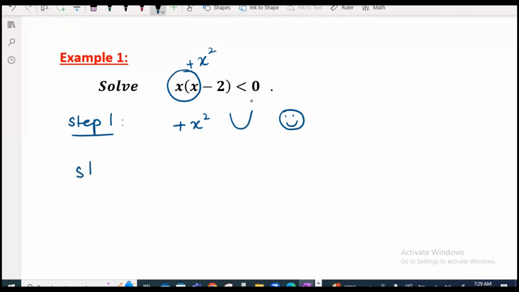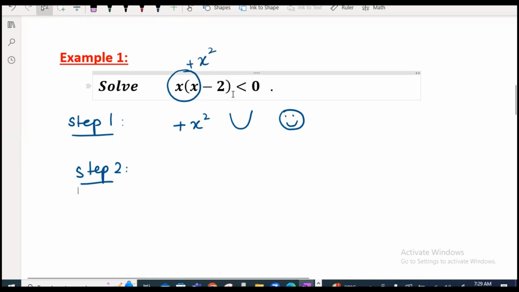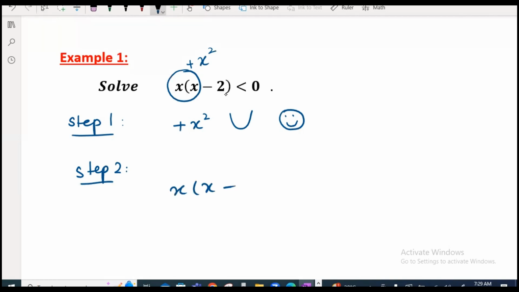In step number two, find the values of x by equating the left side of this inequality with 0. So in this case, x equal to 0 or x minus 2 equals to 0. Then x minus 2 equals to 0, after this, x equals to 2.